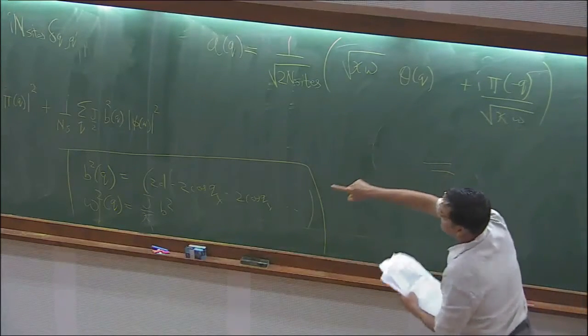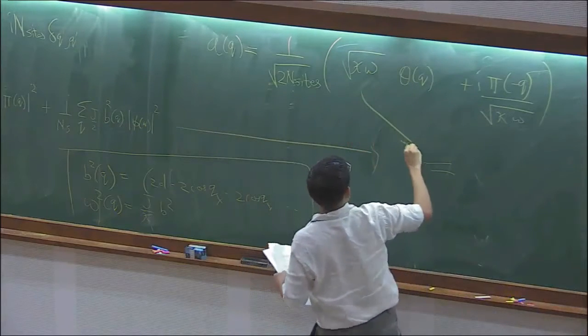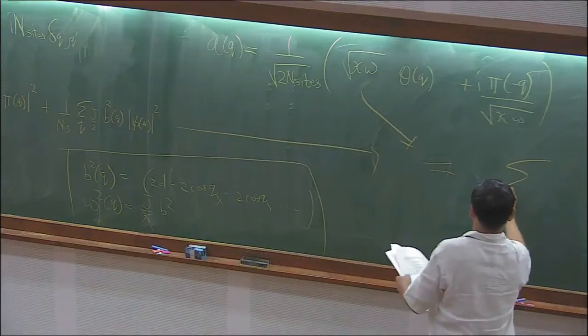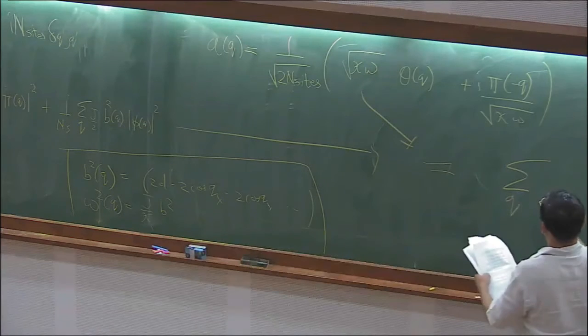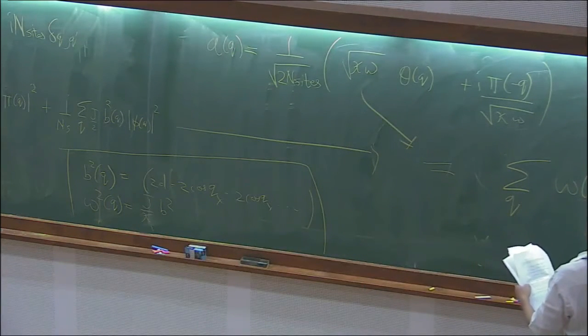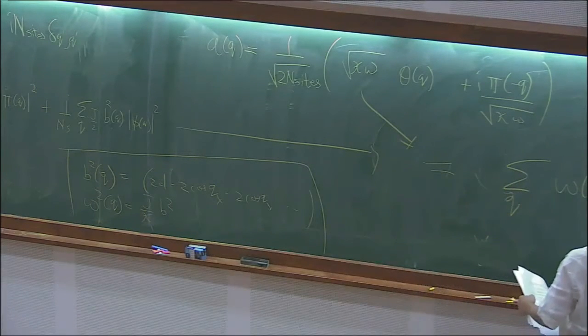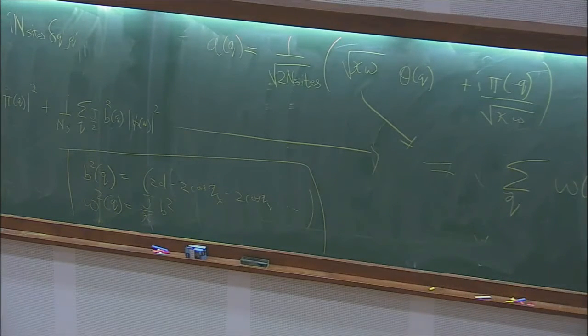In the end, this linearized guy, using that definition, becomes, hurrah, we've got what we wanted, omega of q, A dagger q A q plus half. This is a vector, of course. Okay, subject to box normalization.